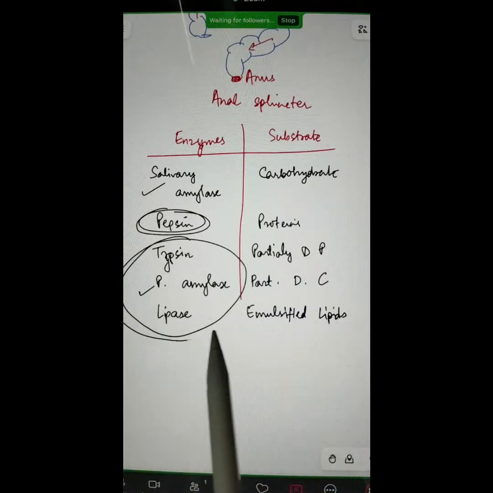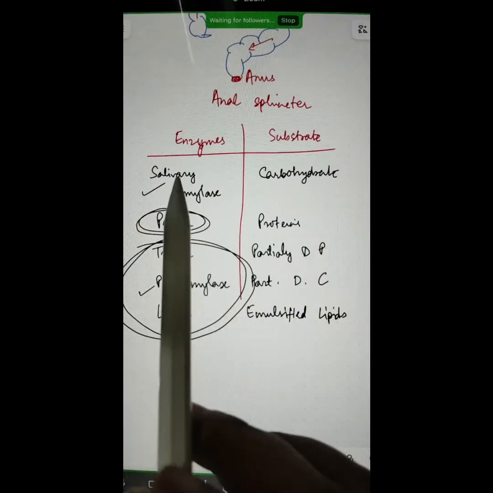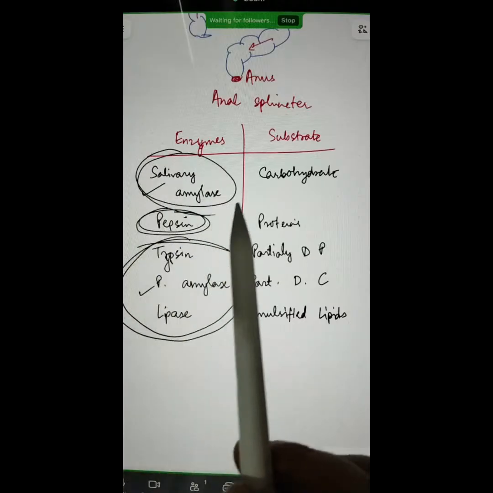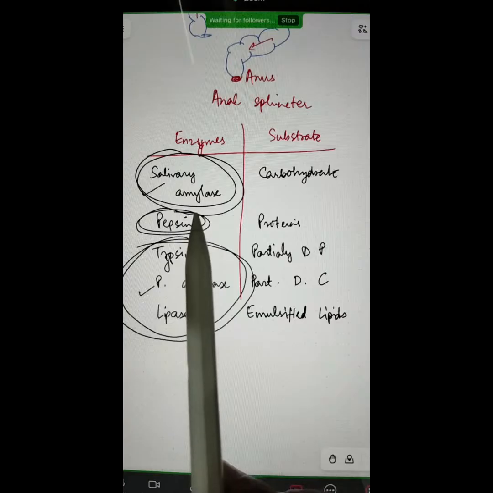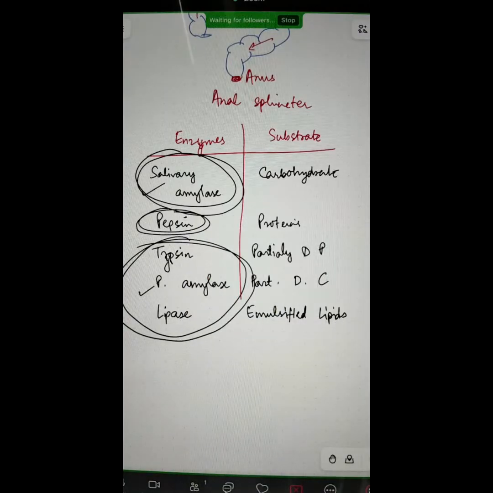These all act in alkaline conditions, and this is close to neutral. Salivary amylase is also known as ptyalin. With this, I am done with the description of the complete digestion. Thank you.